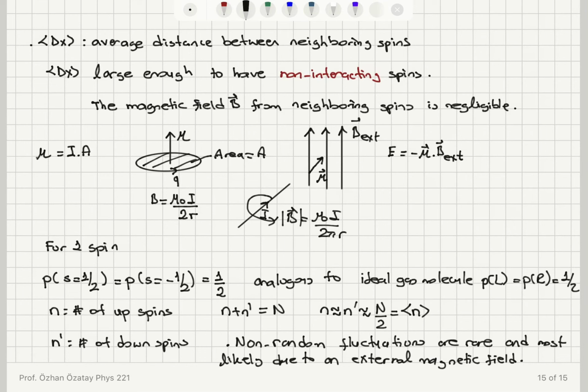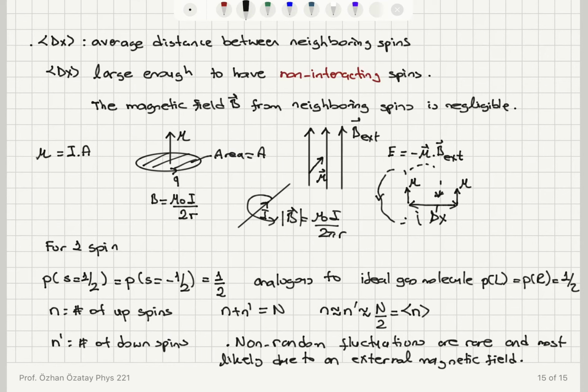But since I have these magnetic moments mu separated from each other by a very large distance, even though each creates a magnetic field around itself like this, the intensity of the field is going to decay quite rapidly with distance between the moments, delta x.